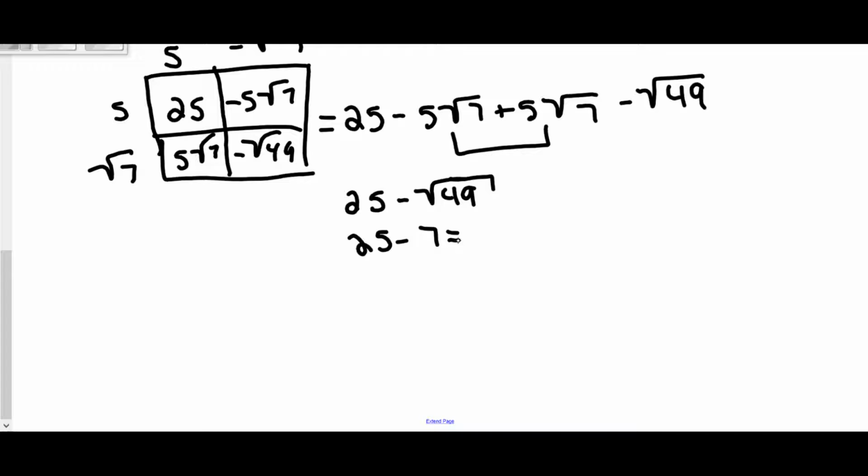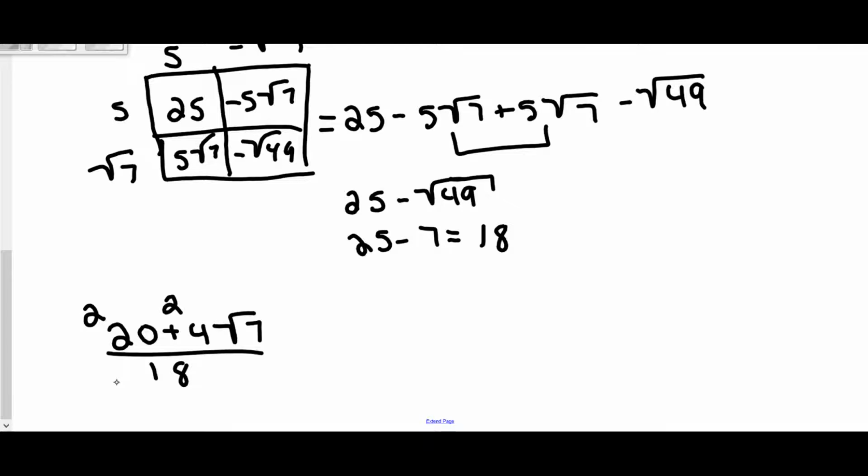So this just is 18. So our fraction becomes 20 plus 4 rad 7 over 18. Now we're done with the radical part of it. However, these all share multiples of 2. So we could simplify. It would turn into 10 plus 2 rad 7 over 9. And that would be your final answer.